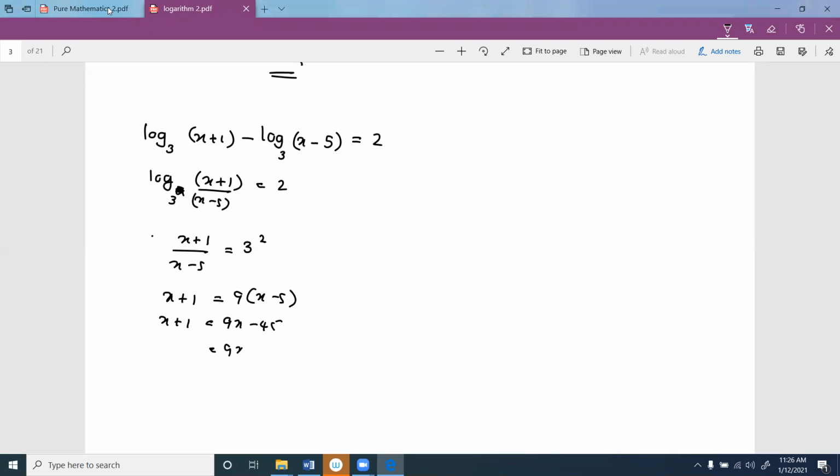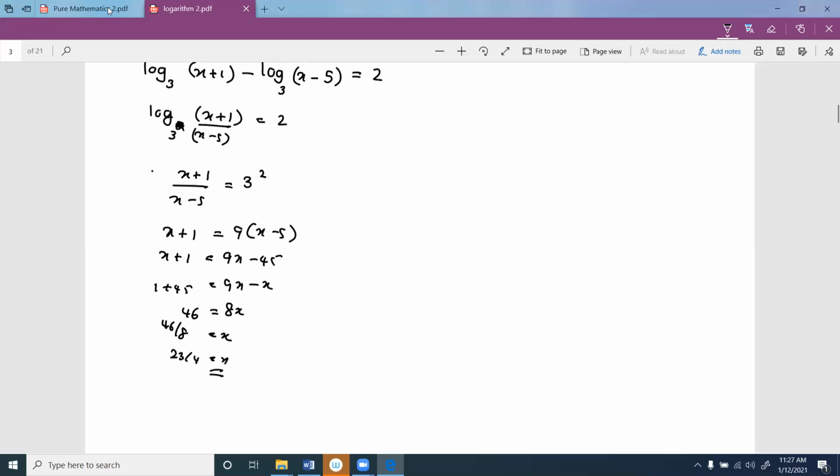Then you can say 9x minus x equals 1 plus 45. 9x minus x is 8x equals 46. So x equals 46 divided by 8, or you can write 23 divided by 4 equals x. That's the way of getting this answer.